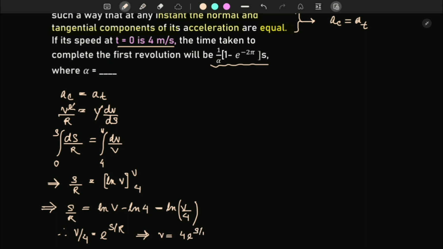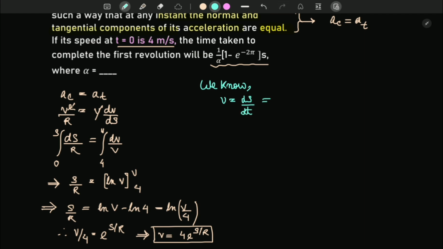Now we have found an important relation. I will make use of this. So we know V equals ds by dt. Definitely velocity is ds by dt.